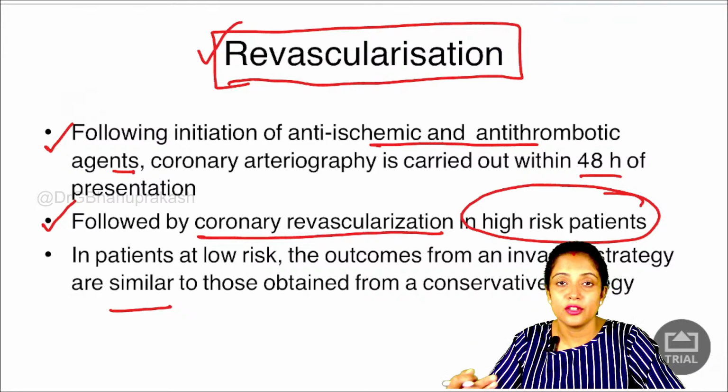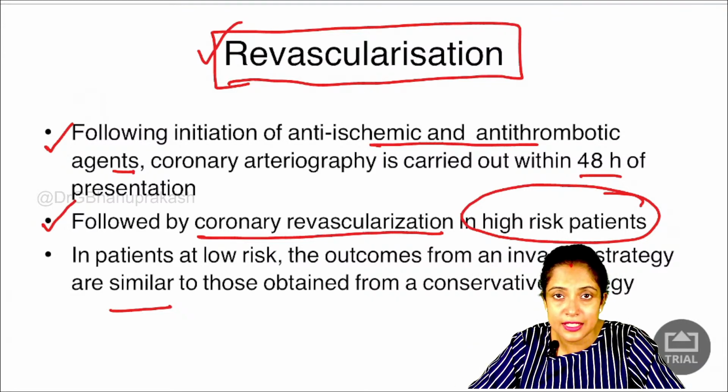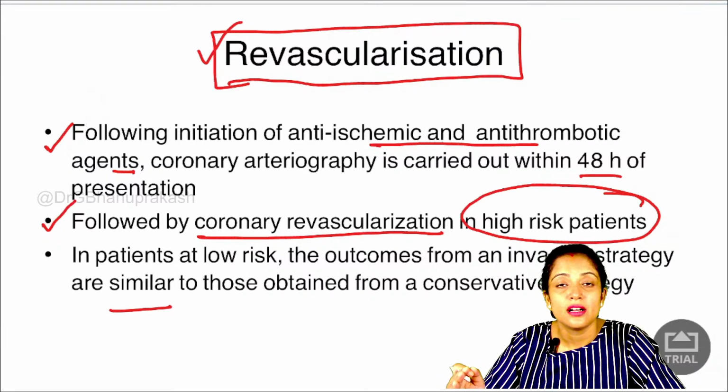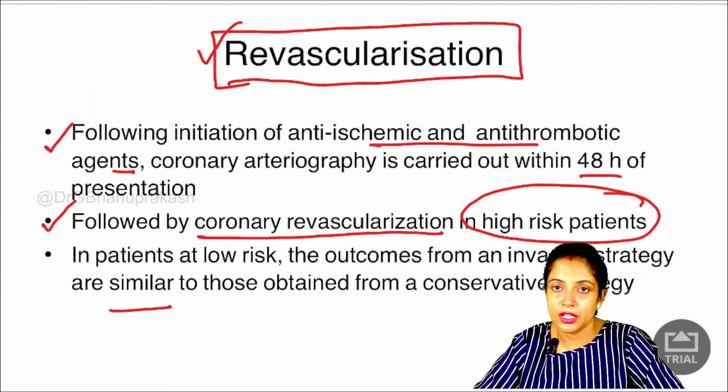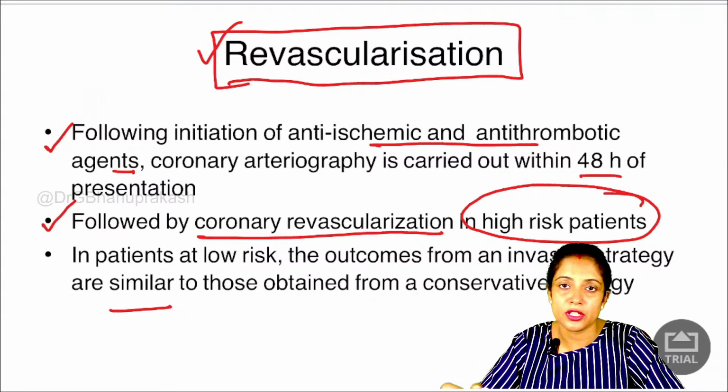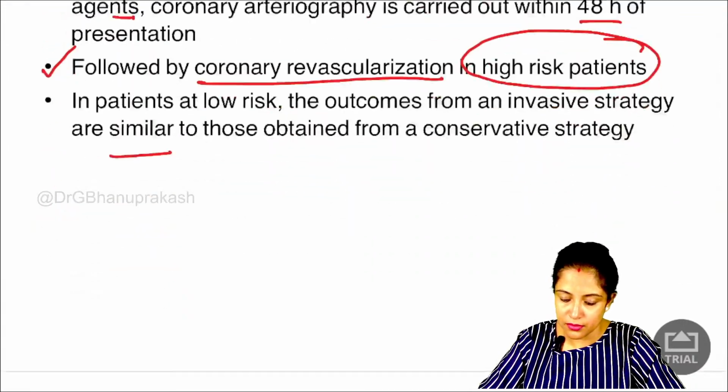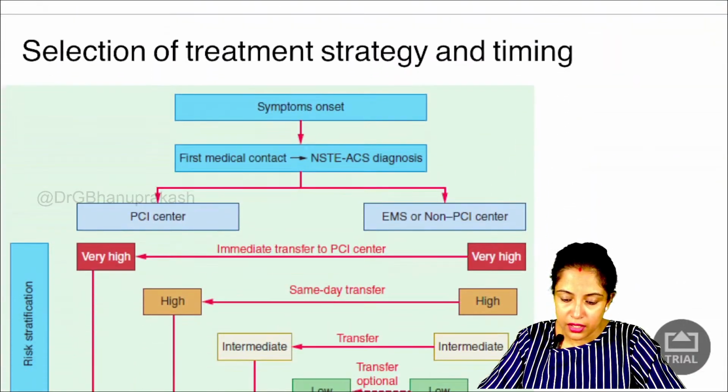If the patient has low risk of future coronary events, or low risk of death, then the outcome of the invasive and conservative treatment strategies will be similar. There is no difference. Conservative management also does well. That is about the revascularization.